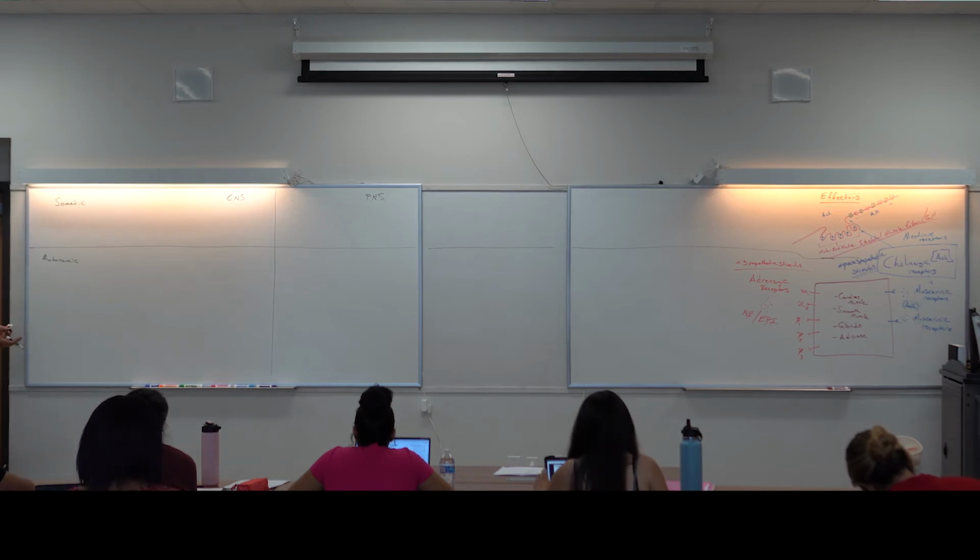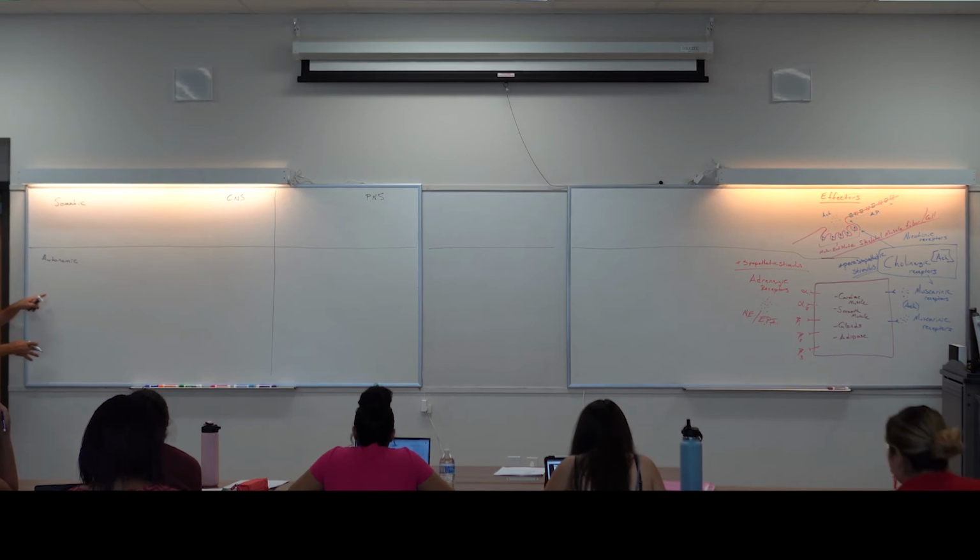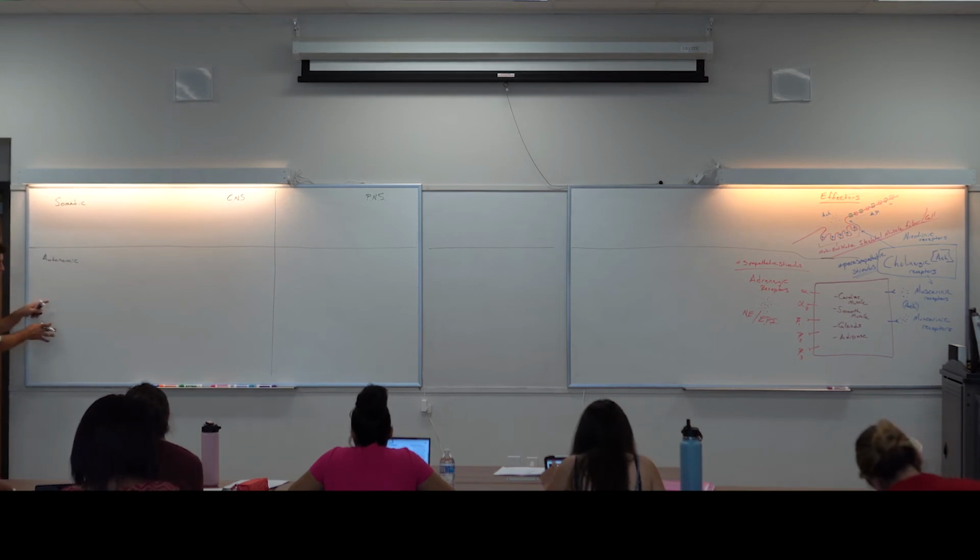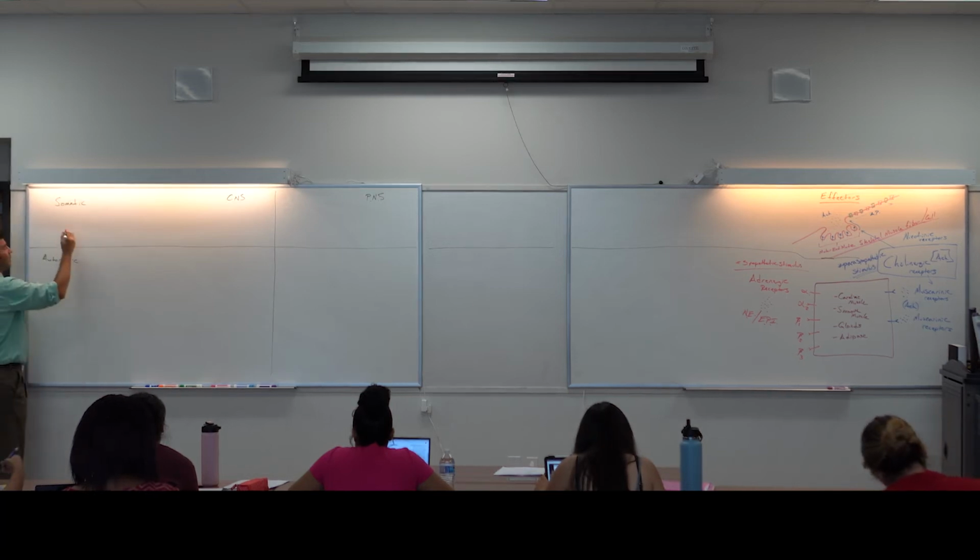I'm going to try and draw these two. Autonomic is the autopilot. We know it operates in what we call sympathetic or parasympathetic, so we're going to draw those two pathways. I'll start by drawing this somatic pathway first. In a somatic pathway, what we're going to see is one motor neuron.